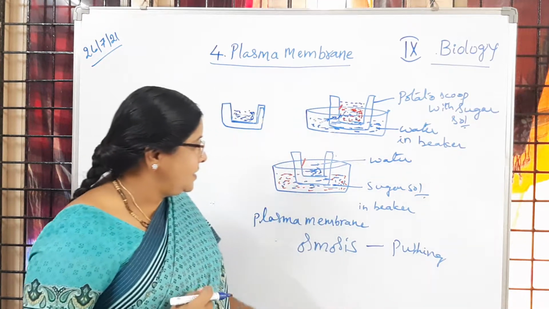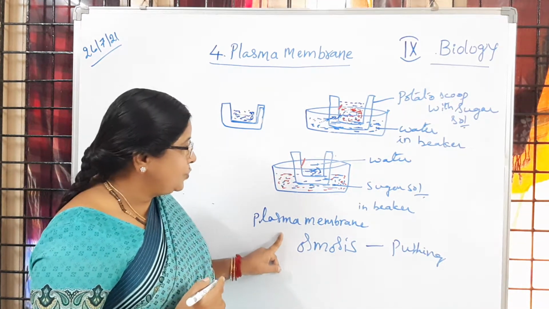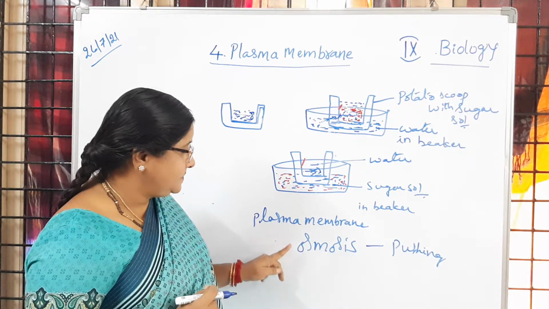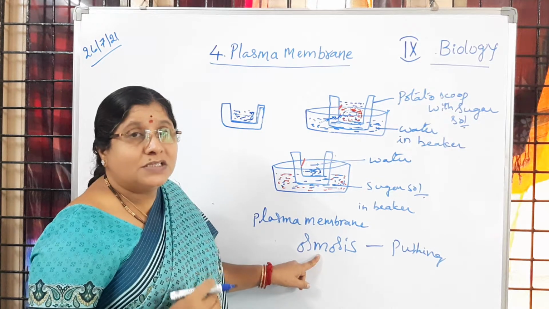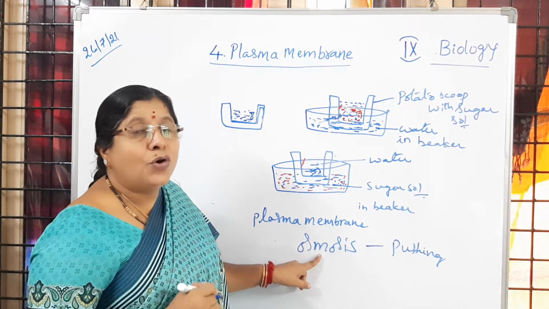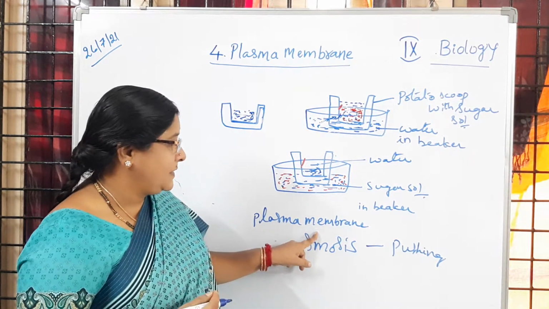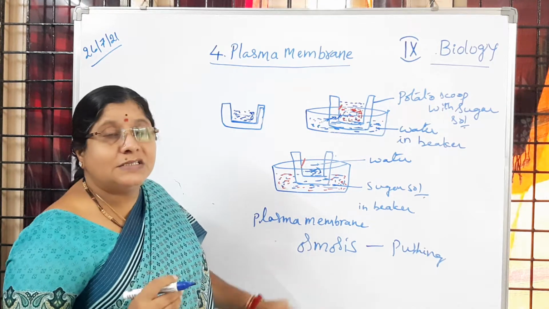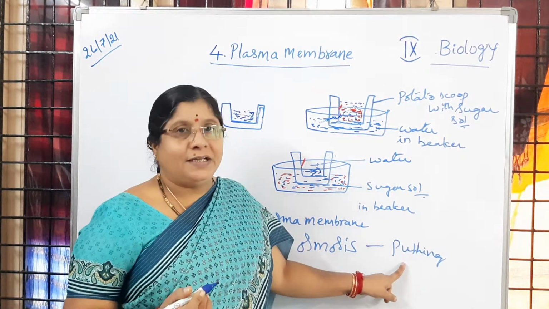So till now you learned about this osmosis process, how it is happening through the plasma membrane. So osmosis is a process of movement of water from low concentration to higher concentration through the plasma membrane. That is osmosis. Osmosis is taken from the Greek language, which means pushing.